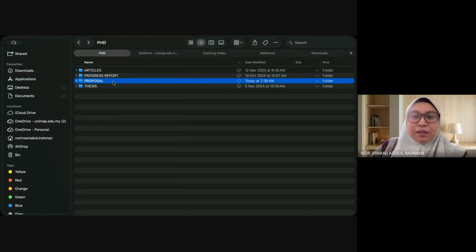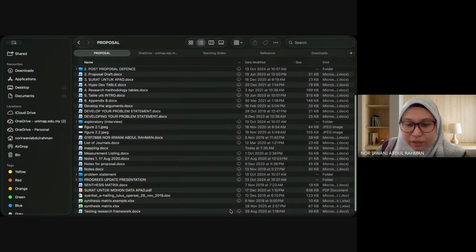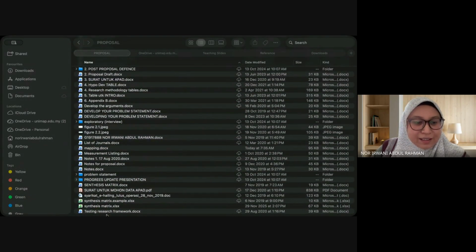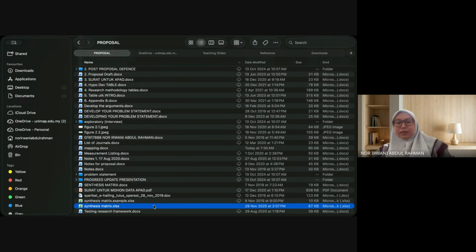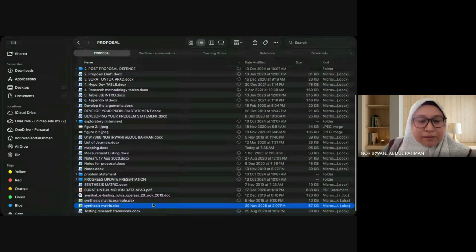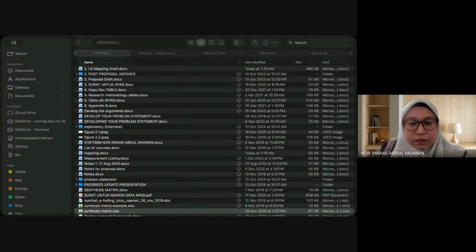Proposal. See how many files are in the proposal? Many, many matrices. For example, a size matrix.